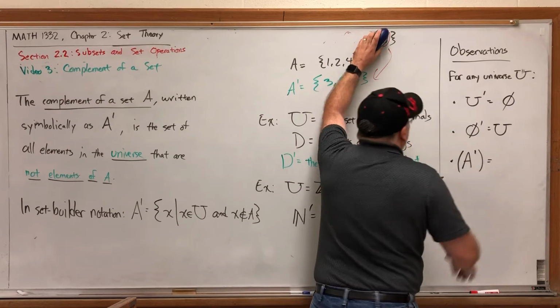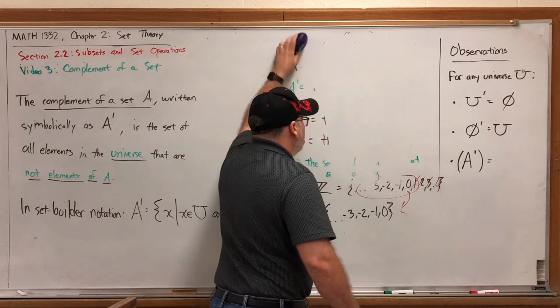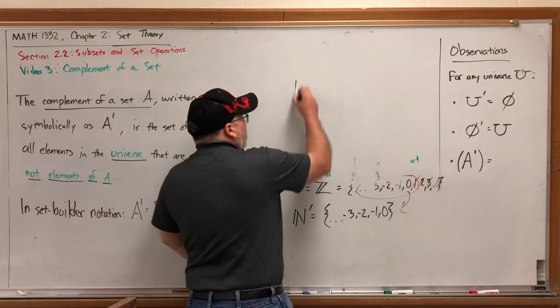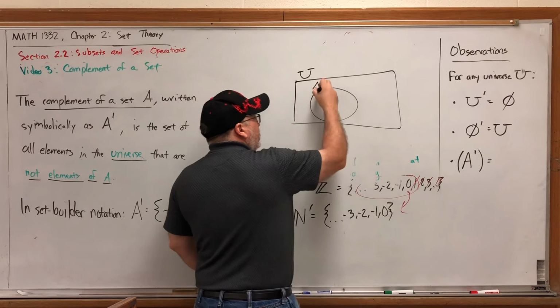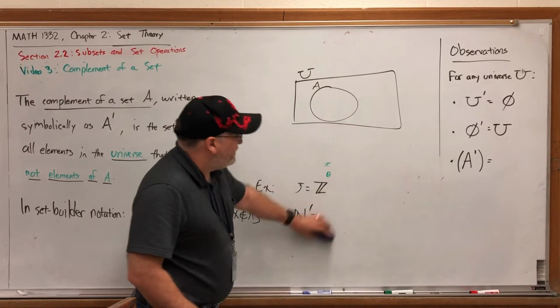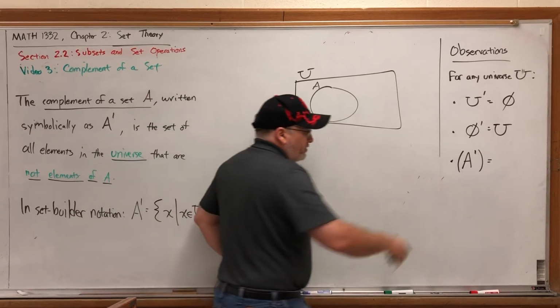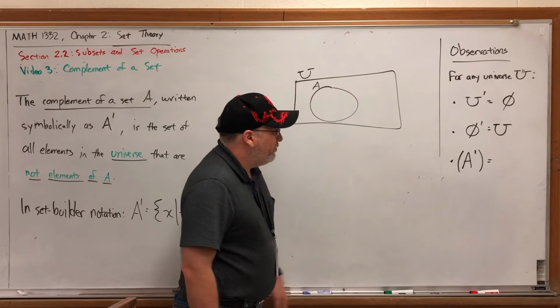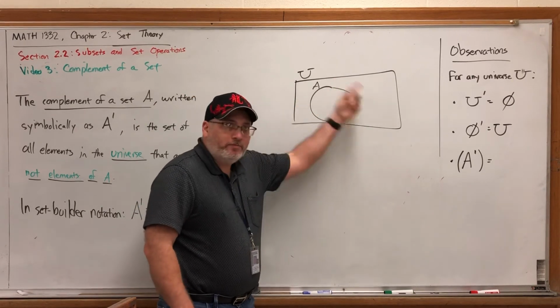Well, with one complement, I'm saying what is outside of A, but still inside of the universe. So visually speaking, if we were to draw a Venn diagram, there's a universe, there's A. Where in this Venn diagram would be the elements of the complement of A? In other words, where are the parts that live outside the circle? Well, the answer is over here.